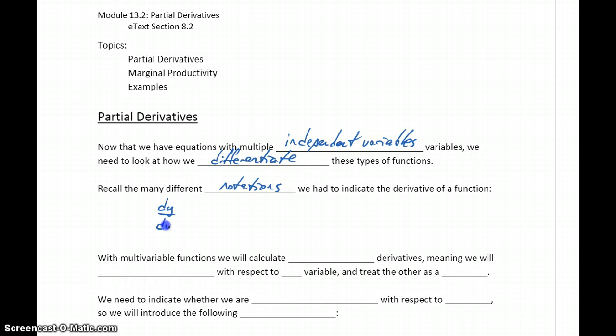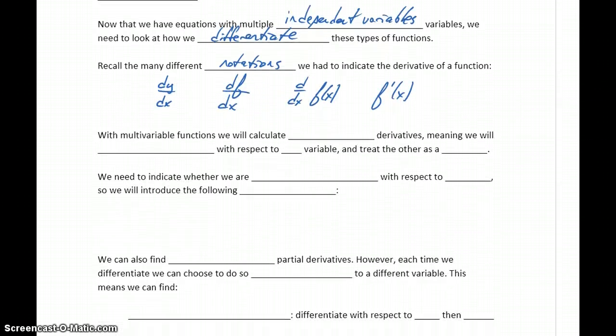So we express that as dy over dx, meaning take the derivative of some expression y with respect to x, take the derivative of some function f with respect to x. We could have written that as d over dx of that function f of x, or f prime of x. So we had multiple different notations that we could use to indicate that same question, or that same expression. Find the derivative of this function.